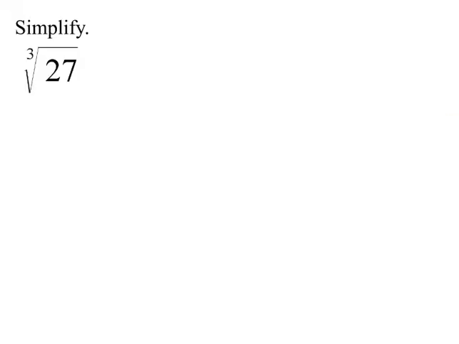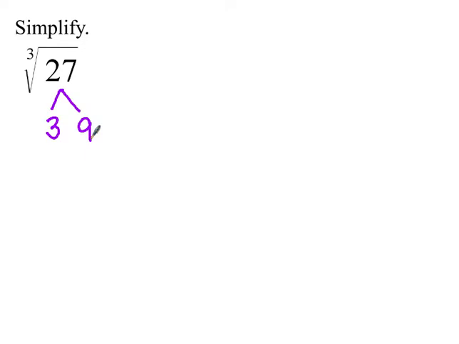Simplify. Okay, I'm going to show you a way that works for me. All right. I'm going to break down 27. Okay. What do I know about 27? 3 times 9 is 27, right? Can you break 3 down at all?